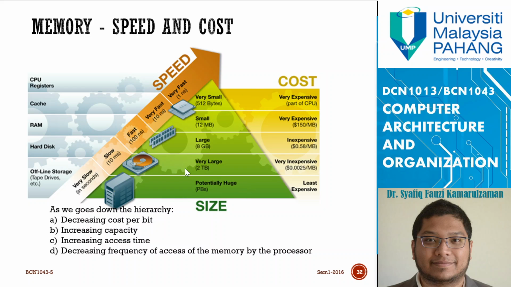They are also used less by the main memory or by the processor, so the frequency of access by the main memory and the processor decreases. The less you use something, you put it in the slower drives. The most common things you use, you put in the upper level, for example cache memory or RAM.